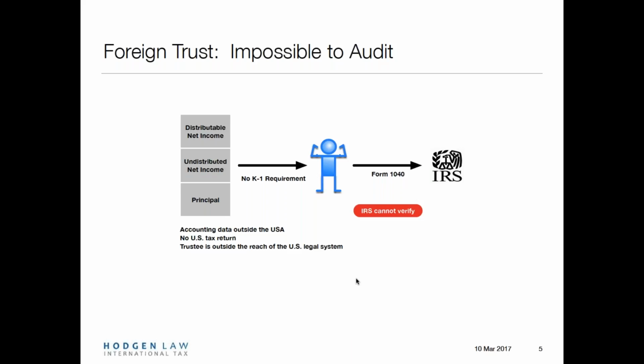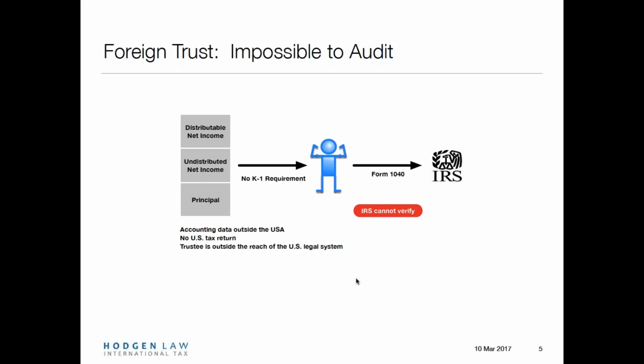When the foreign trust makes a distribution to the beneficiary, there's no requirement that a K-1 be issued because there's no 1041 to bolt a K-1 to. So the beneficiary just gets money. Now, the beneficiary is supposed to file a Form 1040 reporting, hey, I got some money from a trust. How is that going to be characterized and how is it going to be taxed?